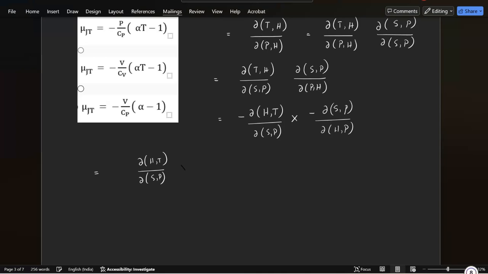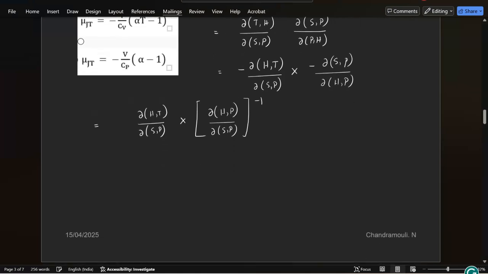So this will become like this, just taking the reciprocal. It's minus because this comes below. That's why I have put it like this.